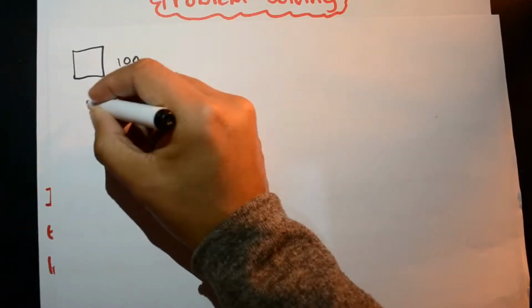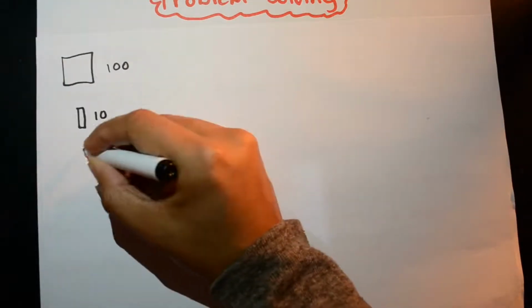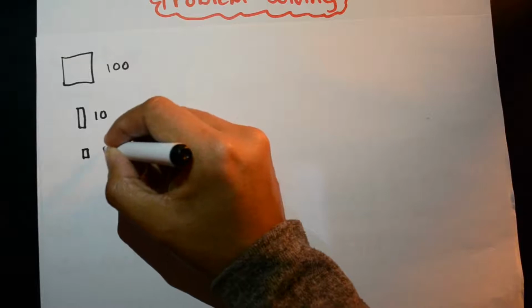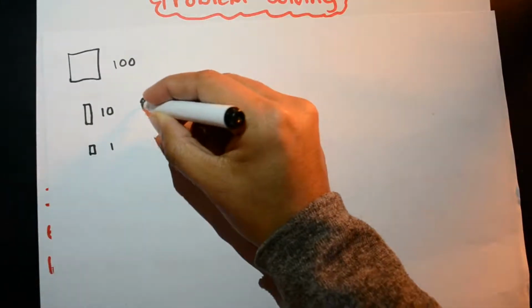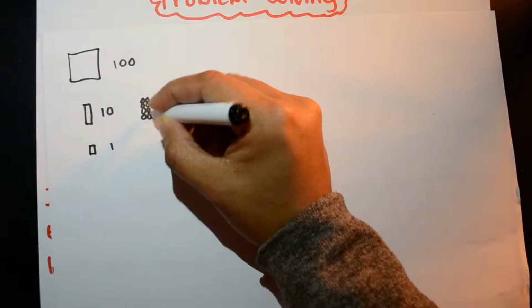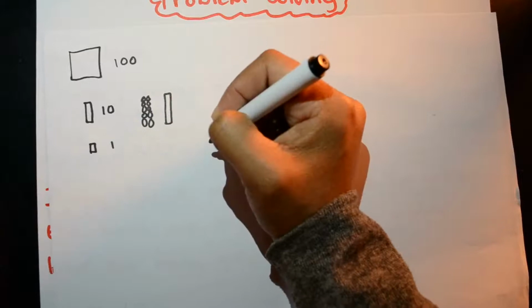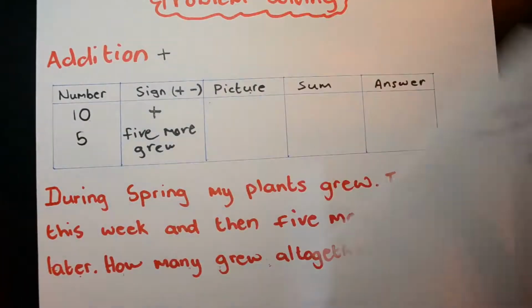And if you draw a small rectangle like that, you already know that's 10. And if you just draw one block, that's 1. So that can also help you when you come to draw your pictures. Instead of drawing 10 ones like this, 1, 2, 3, 4, 5, 6, 7, 8, 9, 10, you can just draw it like this. It's just quicker for you.